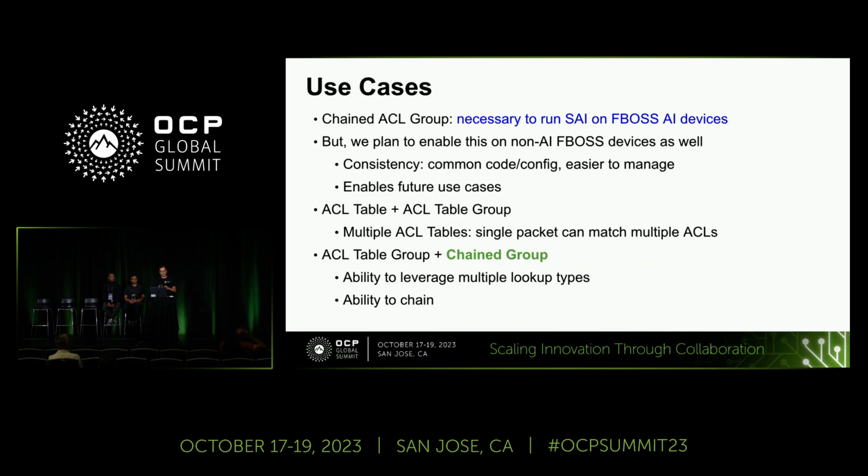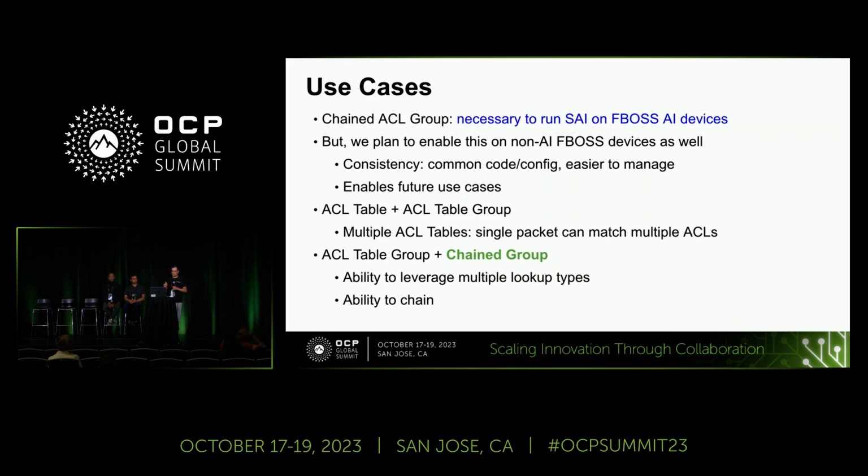We want to enable exact match. But the moment you add this construct, it's possible to have one ACL entry output feed into another ACL entry and start chaining those. Once we roll it out, it not only makes the config uniform across the fleet, but it also keeps it a config-only change in case we want to leverage the chaining aspect of it.